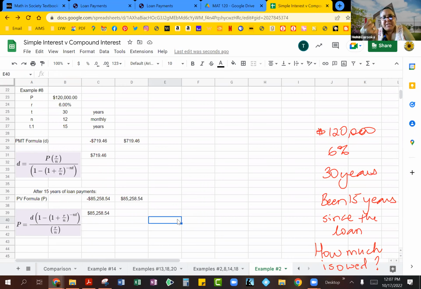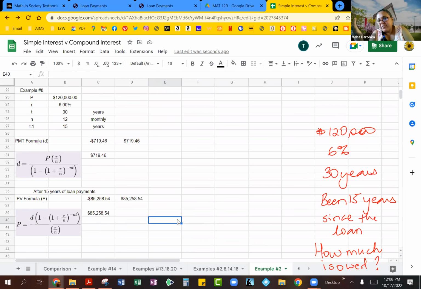So basically what you did was you took the original information, the $120,000, the 6% APR, the loan term of 30 years, and the monthly payments, right? Those were your 4 initial amounts you started out with. Based on that, we calculated what our monthly payment is going to be. You can use the PMT formula or the D equals formula from the textbook, and that gave us the $719.46. Once we know these are the payments we're making on a monthly basis, then you can figure out how much of your loan is remaining.